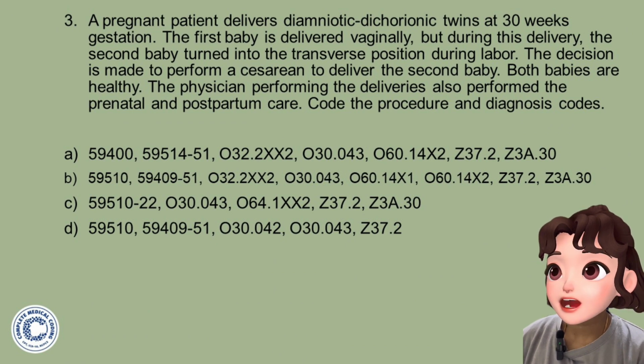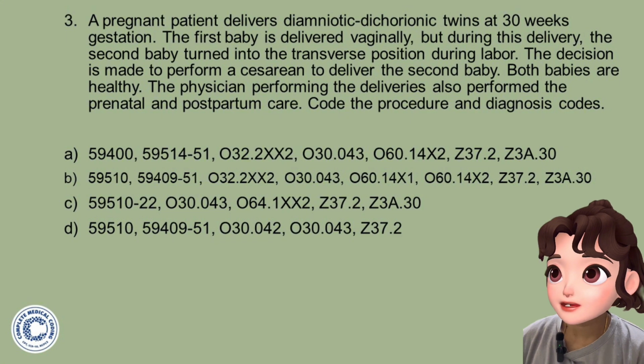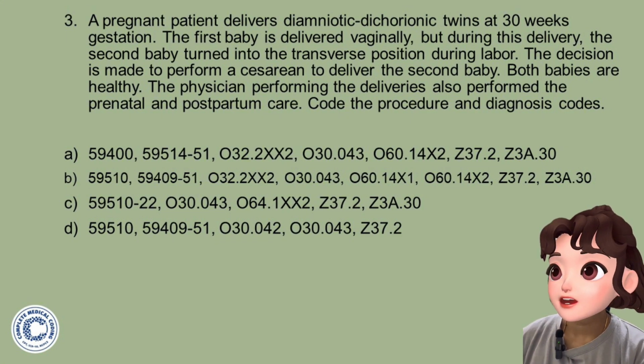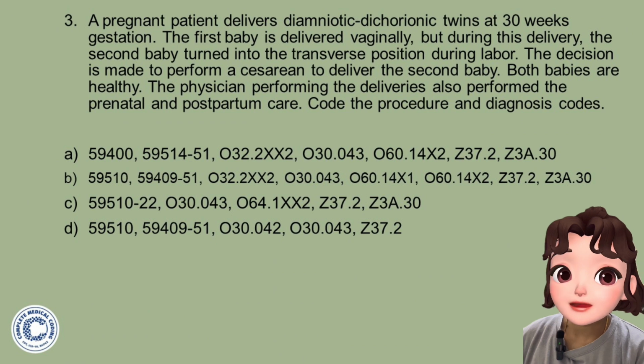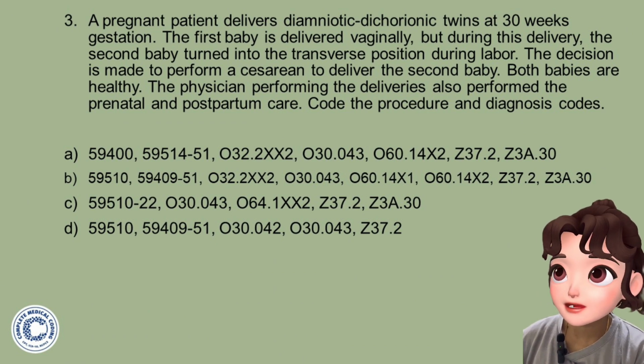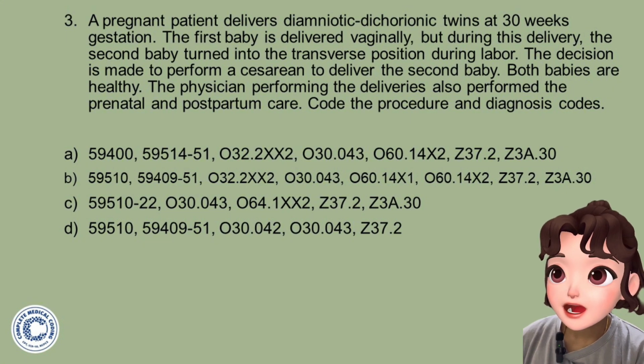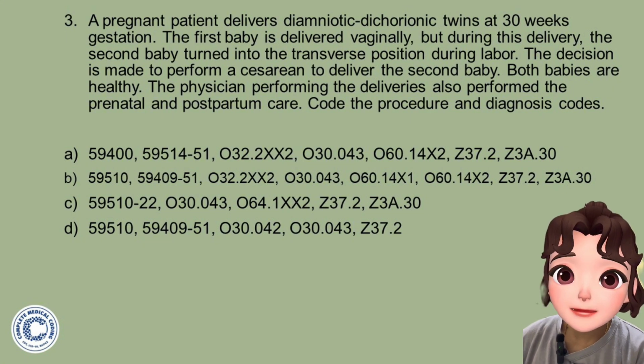What does this XX2 represent? XX is the placeholder because there is no alphabet, so it will be represented as a placeholder. What does this last 2 represent? That represents the second baby, because the second baby is turned into transverse position. That is why after the XX, number 2 is mentioned.